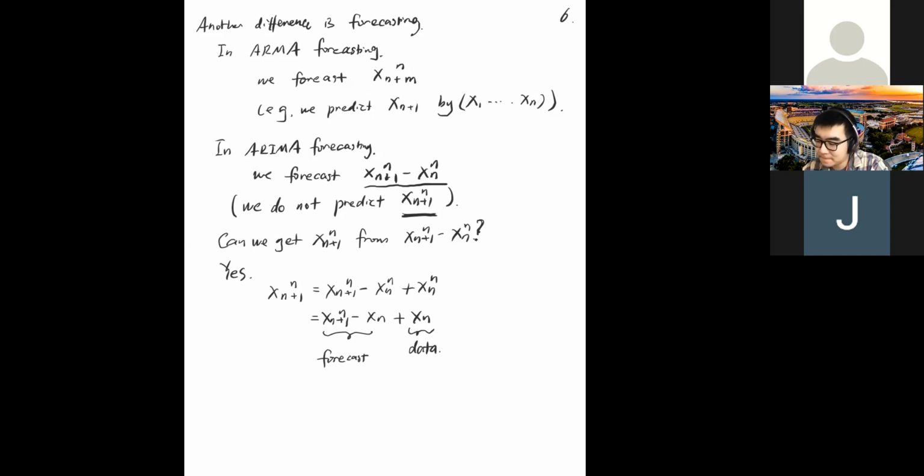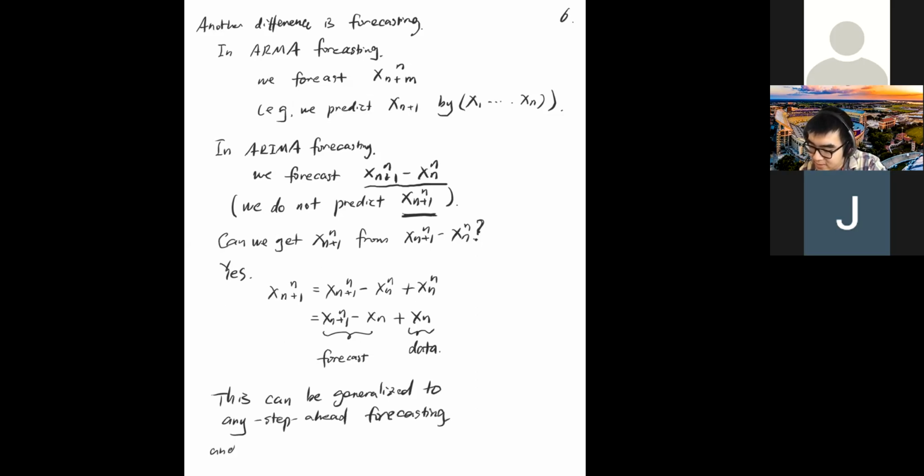So we can construct our main interest x_{n+1}^n by using the forecast and our data. Here we are just doing one step ahead forecasting with the first differencing data, and this can be generalized to any step ahead forecasting and any ARIMA model.